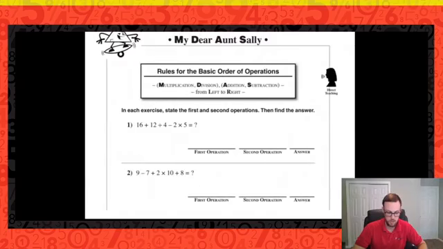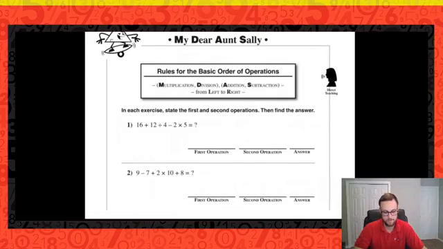So I want to go ahead and we're going to jump to this page and we can go back to those practice problems. So if you're following along, go ahead and flip to the next page where it says My Dear Aunt Sally on top. I think this might help clarify some of the orders that we're working in. So again, our rules for order of operations is that we're going to do our multiplication division first. And then we're going to do addition and subtraction.